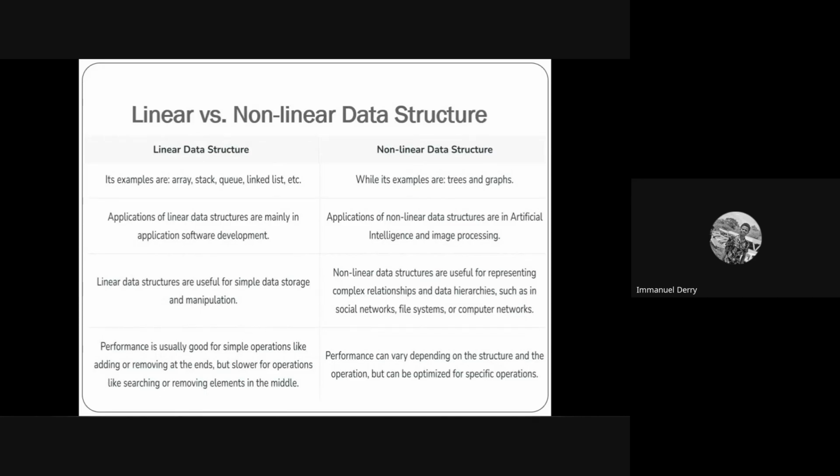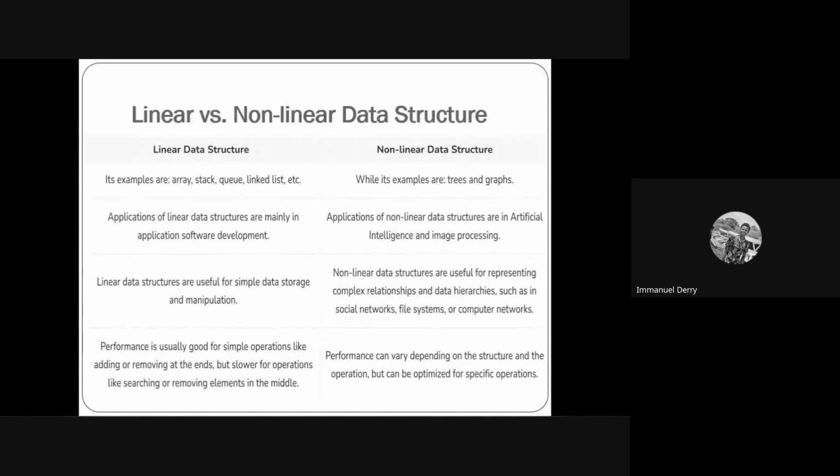Linear data structures are much simpler in storage and manipulation. So if you want to store easily, you can go for a linear data structure. However, non-linear data structures are used for representing complex relationships and data hierarchies, as in social networks, file systems, or computing networks. For performance, a linear data structure is quite simple when performing the basic operations we learned earlier, like adding and removing at the end.